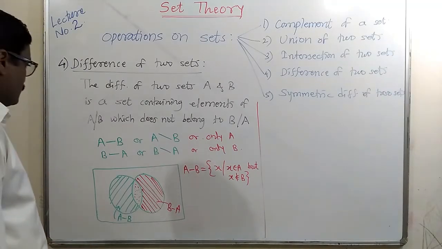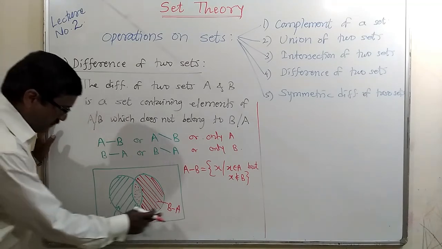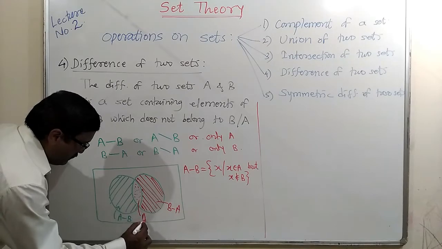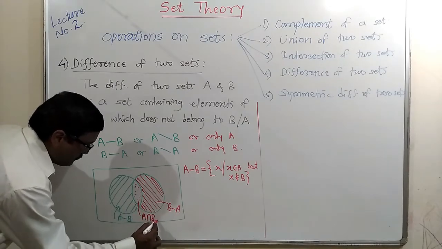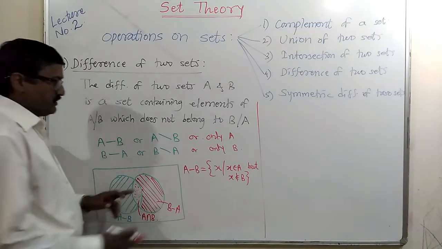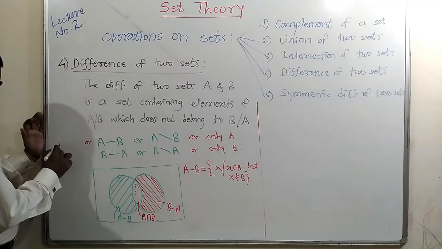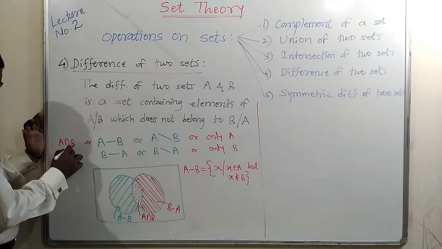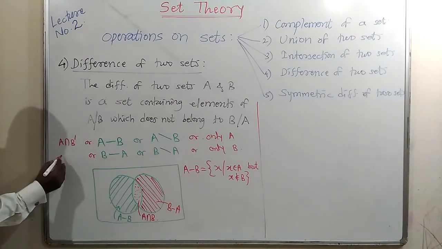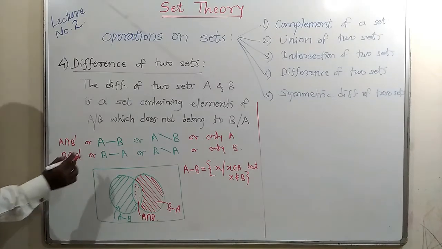Now, let us see the properties of this. Here, this is A difference B, this is B difference A, and this one will be A intersection B. Means elements from A but not from B. So A difference B can also be represented as A intersection B complement, or this B difference A can also be considered as B intersection A complement.